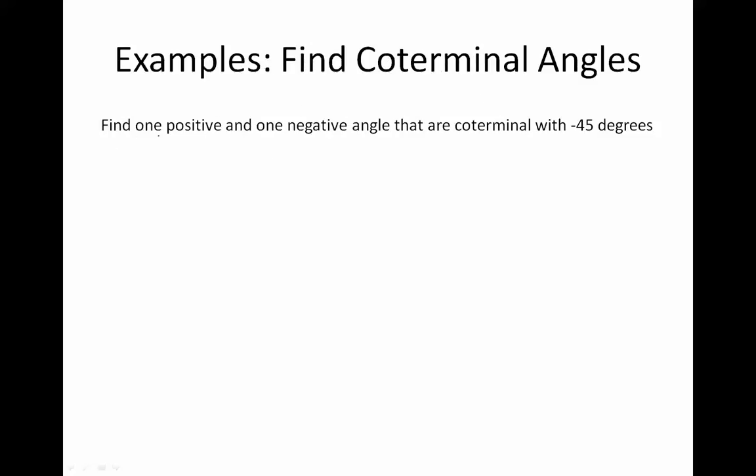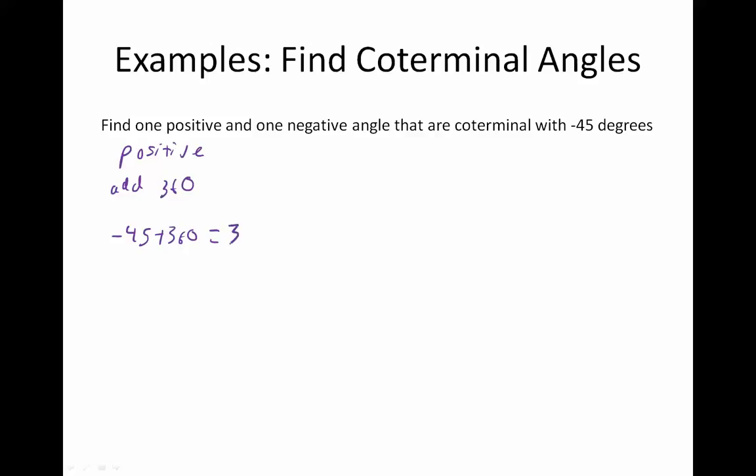Find one positive and one negative angle that are coterminal with negative 45 degrees. For the positive one, we're going to add 360. So here's negative 45 plus 360, and whatever that is will be our coterminal angle.